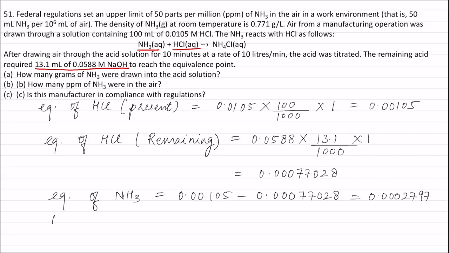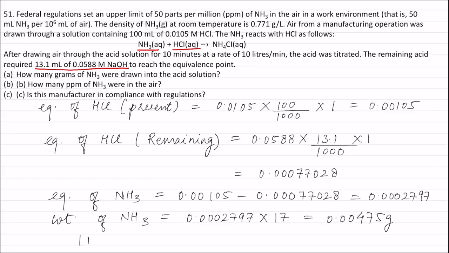Now from this, weight of ammonia will be equal to equivalents of ammonia, that is 0.0002797, into equivalent weight of ammonia, that is 17, and this is equal to 0.00475 gram. Therefore, the answer to the first part of the question is 0.00475 gram. Now the B part, how many parts per million of ammonia were in the air?